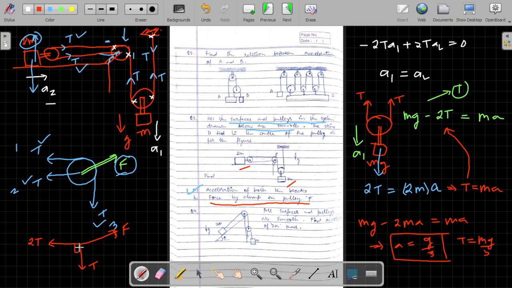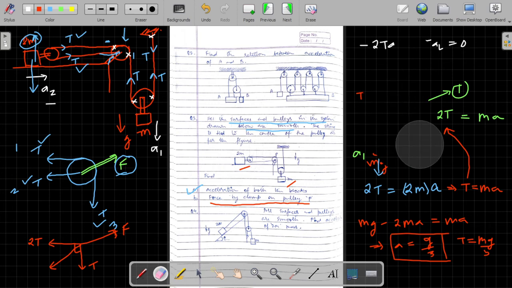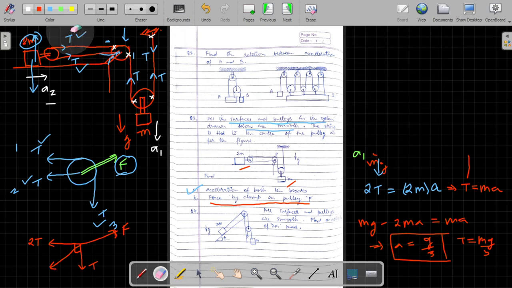As per the Pythagoras theorem, the resultant of these two forces would be given by a square plus b square. So we would be easily able to write that the force F which we are looking for is the square root of side 1 squared plus side 2 squared.